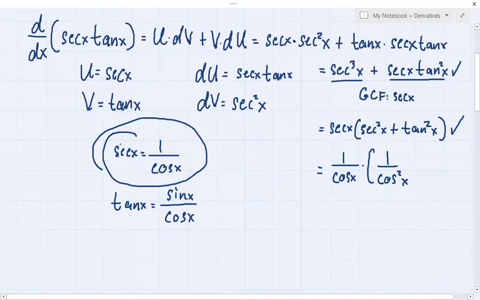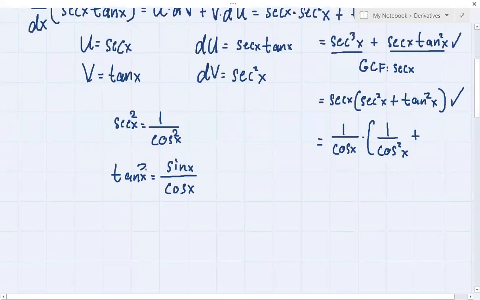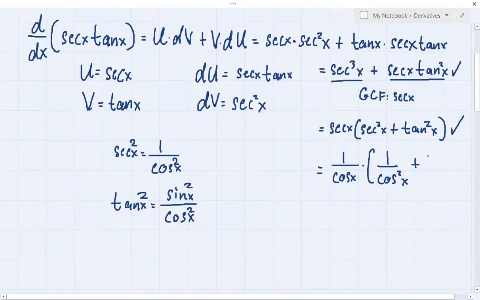Kapag naka-square si secant, ibig sabihin nun, naka-square din si cosine. Okay? Naka-square din si cosine. Okay? So the same thing here sa square ng tangent x, kapag naka-square si tangent x, naka-square din si sine at saka si cosine. Hence, we have sine squared x all over cosine squared x.